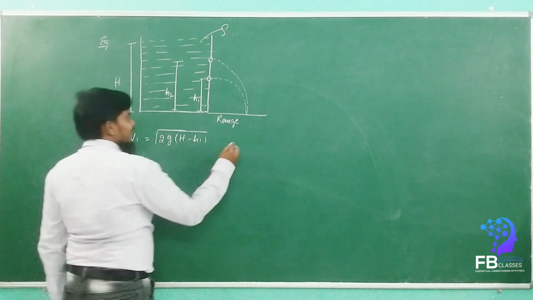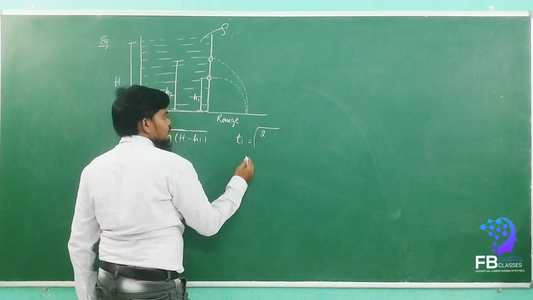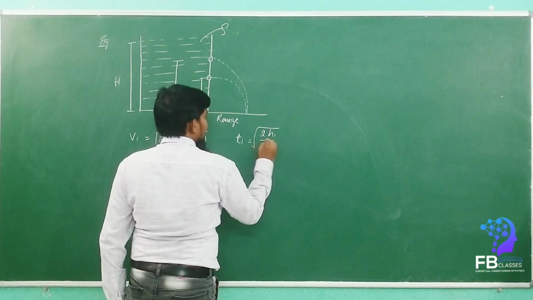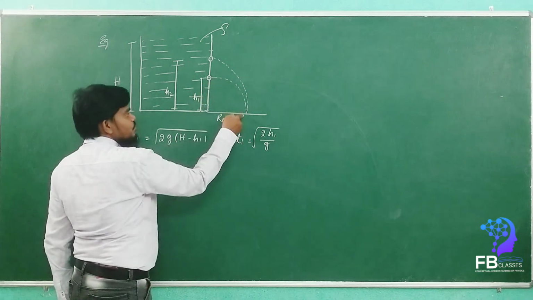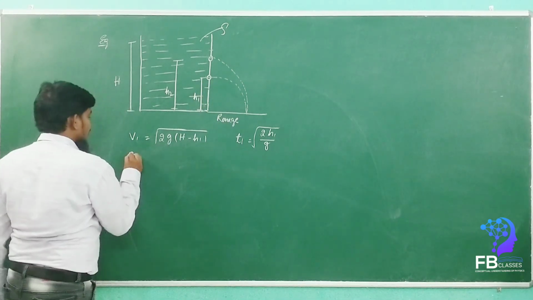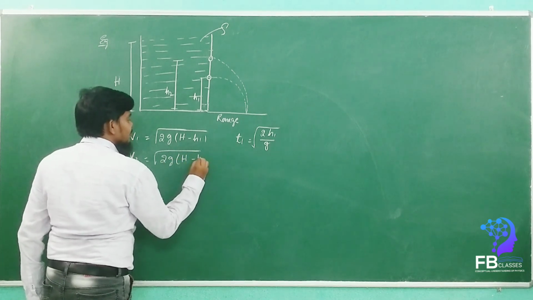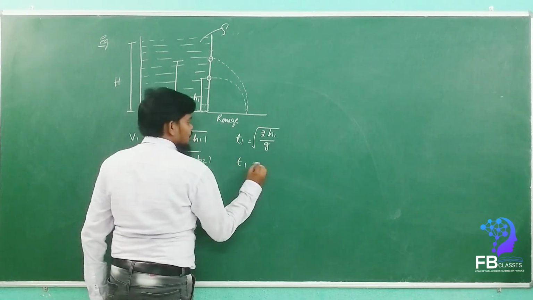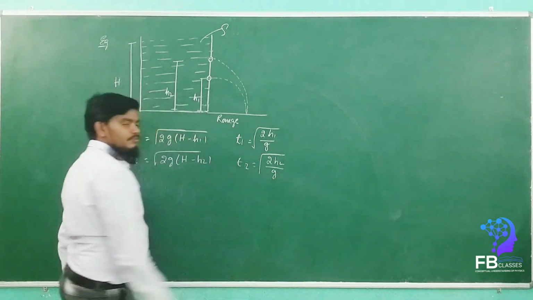Then what is the time? T1 is equal to root 2H1 by g, the time taken by the water to reach the ground. In a similar manner, V2 is equal to root 2g(H minus H2) and time T2 is root of 2H2 by g.